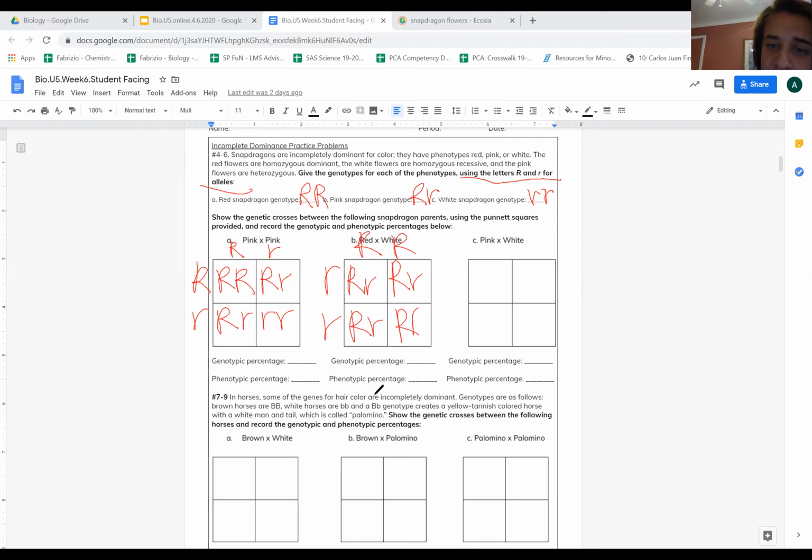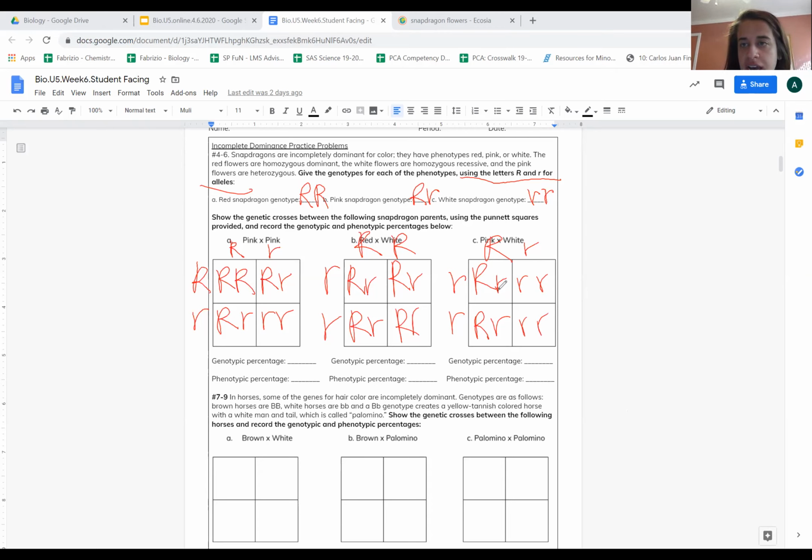So pink and white. So pink is heterozygous, whereas white is homozygous recessive. So this is what our cross will look like. Okay, very good.